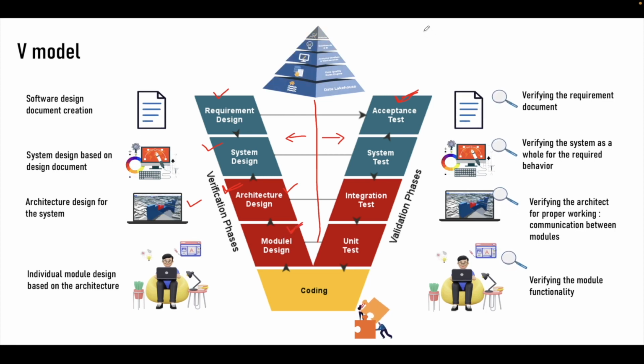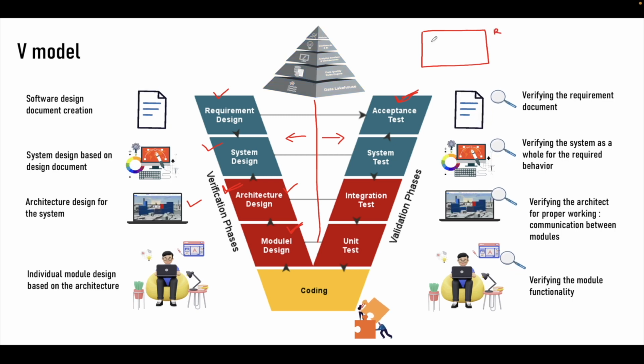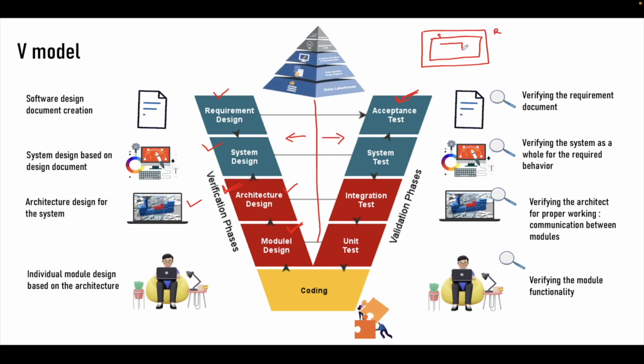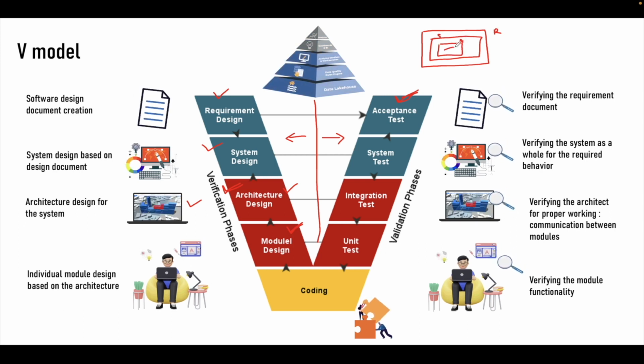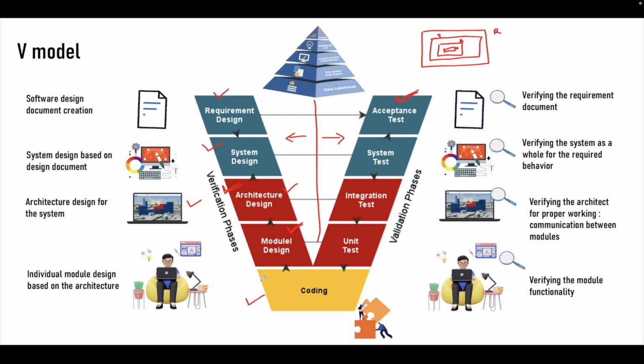If we see in a short way, this is the requirement. Then inside that we will have the system. Then we will have this architecture, and then inside it the modules. And again inside the module we will have different codes. So how the software will behave, we will write the code first, then we will go for the module design using this code only.